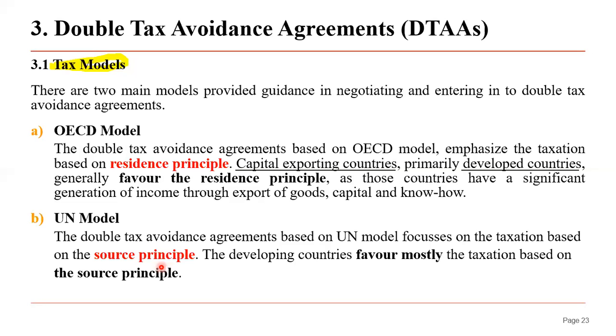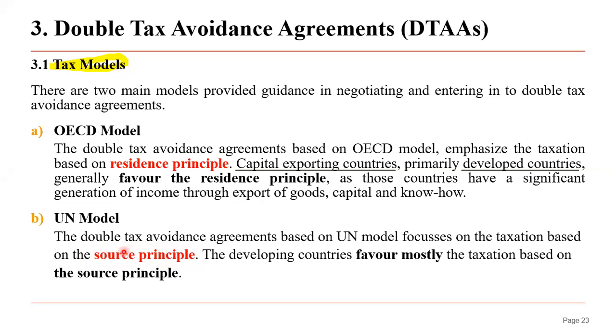Therefore we go with the source principle. That is why Sri Lanka also goes with the UN model as a developing country, because the source principle is very much in our favor when we are taxing a non-resident person. We can go with the source principle, catch them and tax it in Sri Lanka.